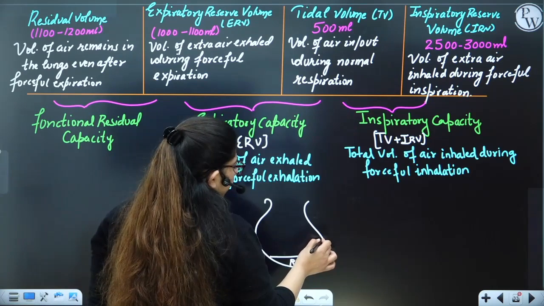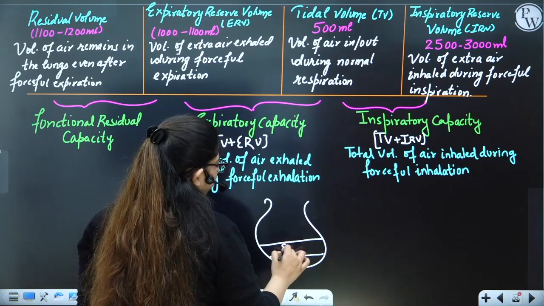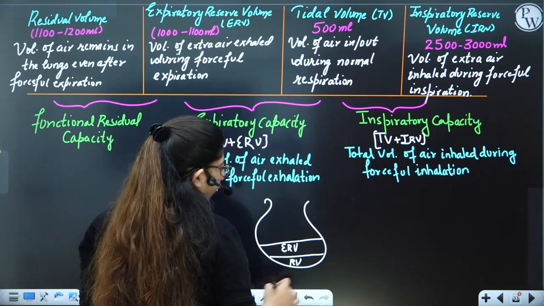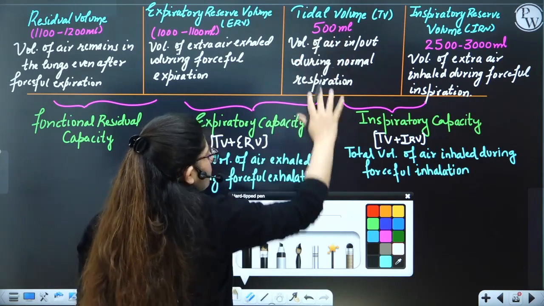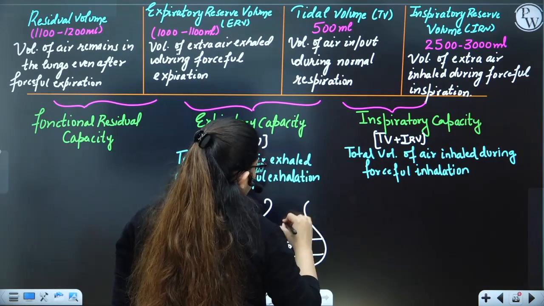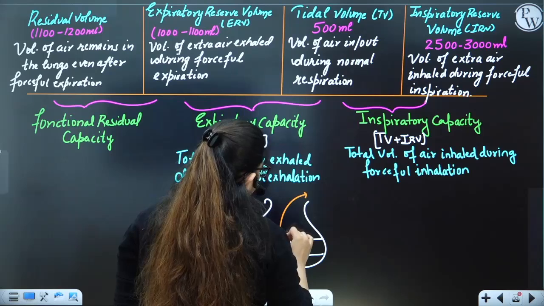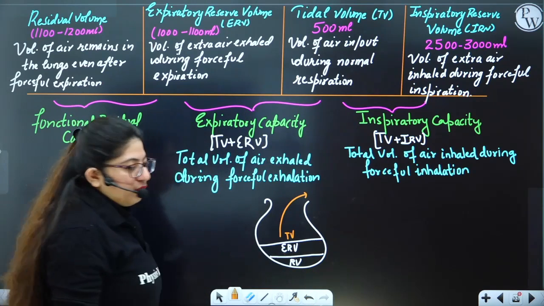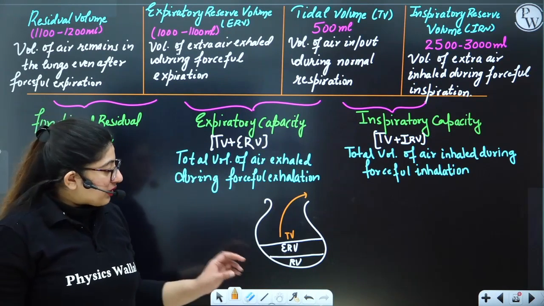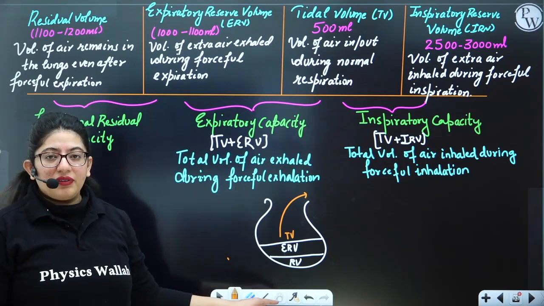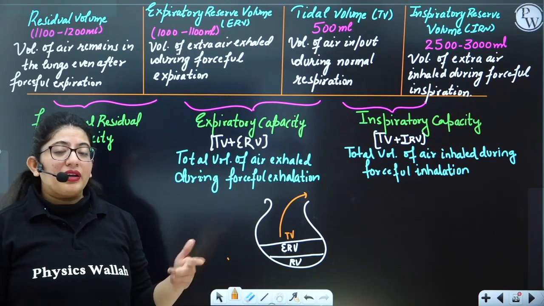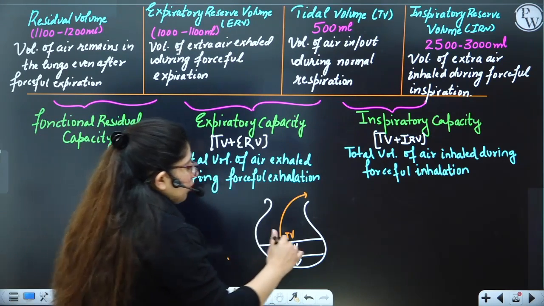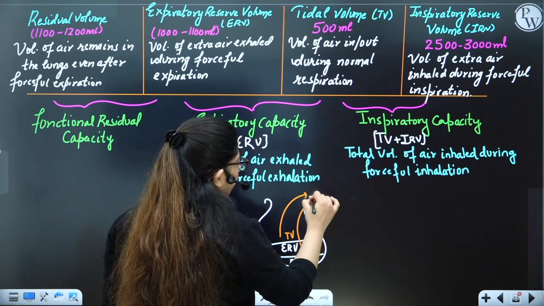So whenever you are expiring normally, what are you expiring? You're only expiring tidal volume. So whenever you are expiring normally, what will move out of your lung? Tidal volume. So what remains in the lung? ERV plus RV. Whenever you are expiring forcefully, two volumes of air move out of your lung, tidal volume and ERV.